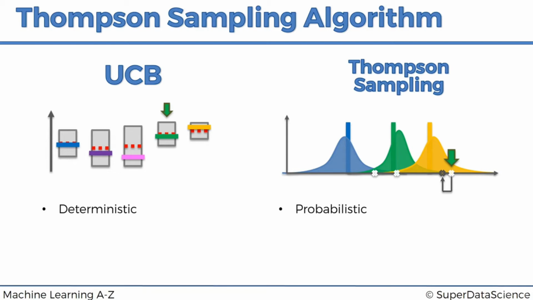So if you rerun a round in the UCB algorithm, just one given round, after you've received the previous value from the machine, it's always going to be the same result.